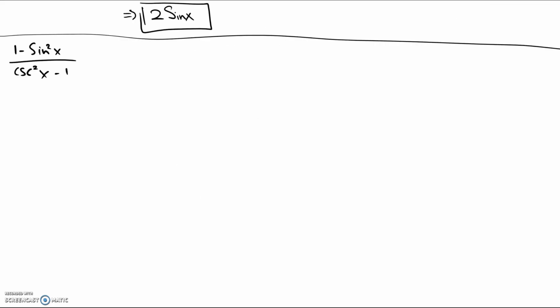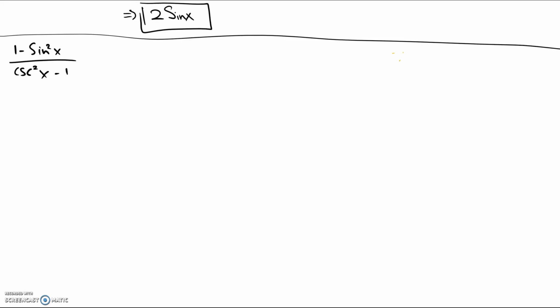Alright, so next we are going to talk about this question: 1 minus sine squared x over cosecant squared x minus 1. Alright, now look at this. Whenever you have squares of trigonometric values, always remember that maybe you can use a Pythagorean identity. Now look at the top part, the numerator, we have 1 minus sine squared x.